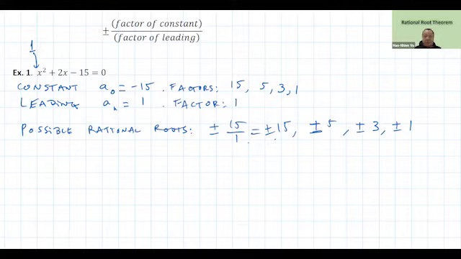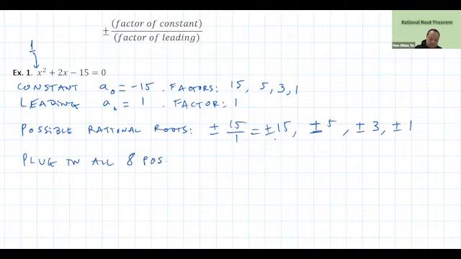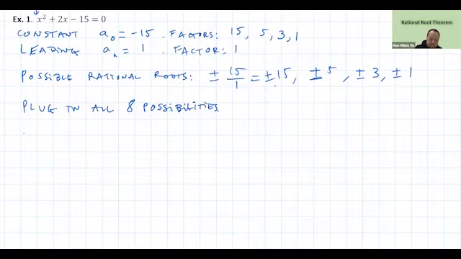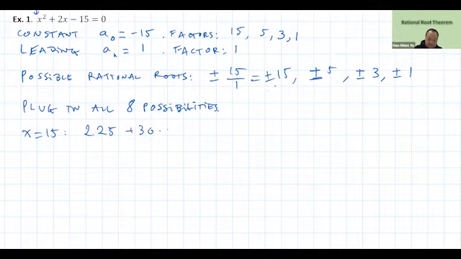The 8 possibilities, we can plug them all in to find out which one is a root. First, x equals 15. 15 squared is 225. I could compute this, but I don't really have to. I see a very large positive number and it subtracts 15.